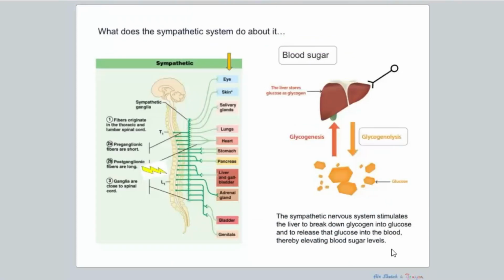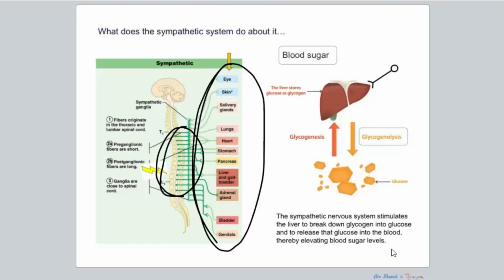So what does the sympathetic system do about it? This is the sympathetic system, and these are the effector organs that it activates right here. Well, guess what? The sympathetic system innervates the liver. And what do you think it's going to tell the liver to do? What it's going to tell it to do is take some of that glycogen.